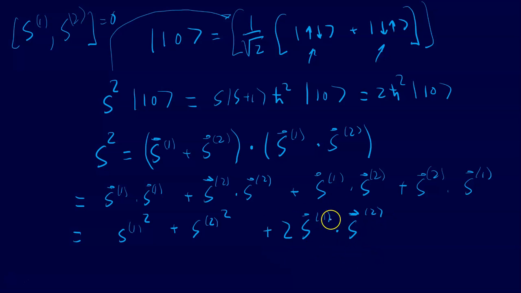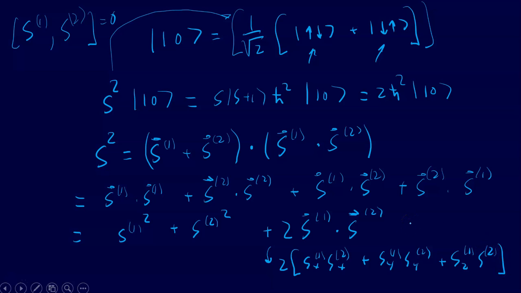Technically, if I just write out this piece, it would be a factor of 2 times (S1x S2x plus S1y S2y plus S1z S2z). So like I said, it's good to go through and convince yourself that this raising and lowering operator business that we did worked. I'll probably do that in a different video. The book also goes through that.